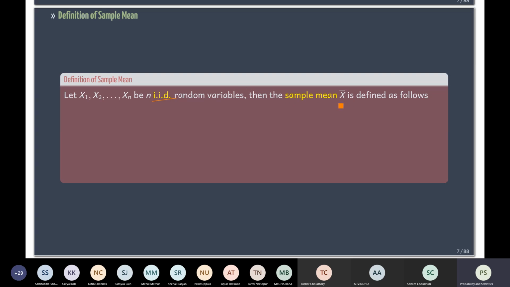Then the sample mean x bar is defined as follows. So why do we call it sample mean? Because imagine a population. Population here means you have a lot of data collected, but from here you pick n samples. So these n samples could be your x1, x2, ..., xn, observations, whatever.